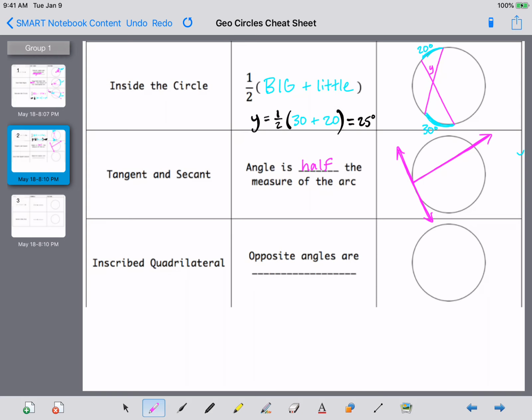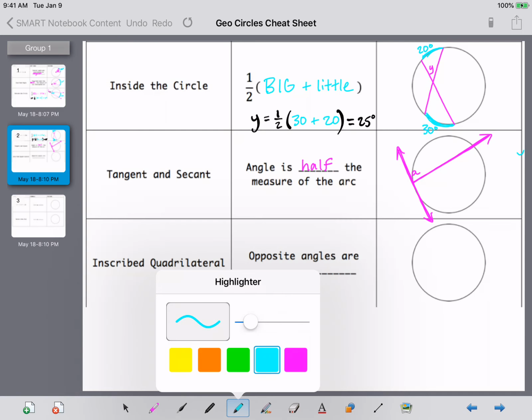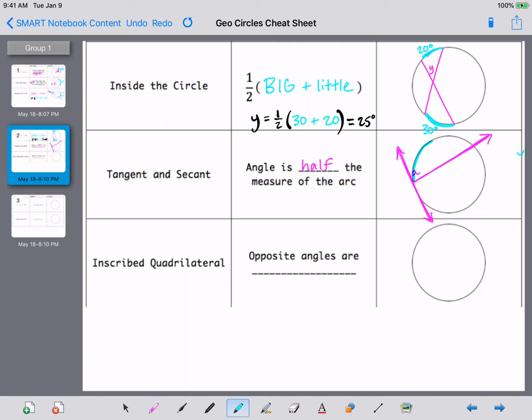Say that you want to find this angle, let's call it A. If this arc is 200 degrees, then angle A would be 100 degrees. So it's always half of that arc that it creates there.